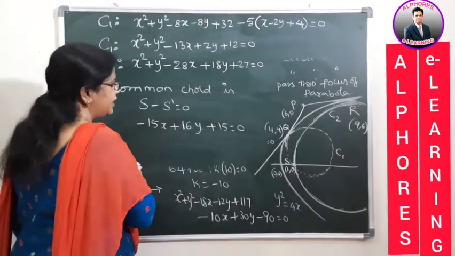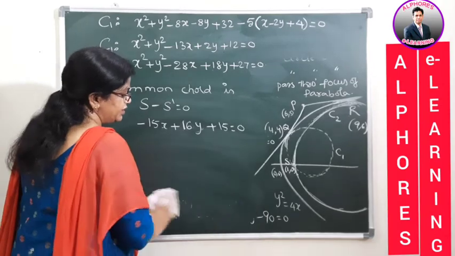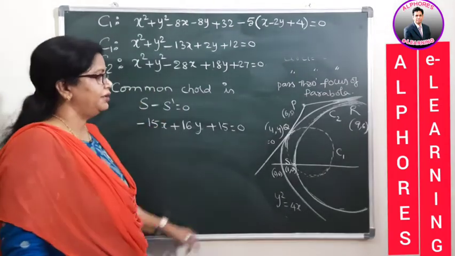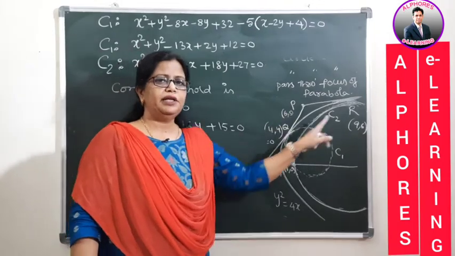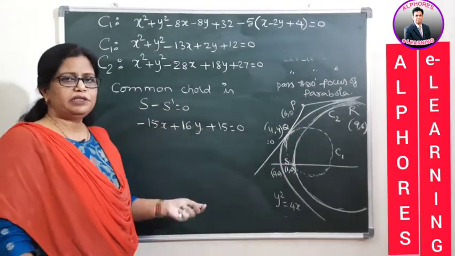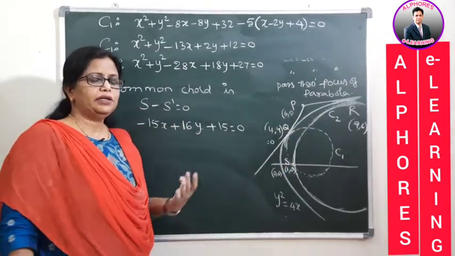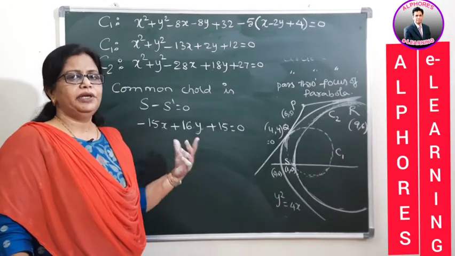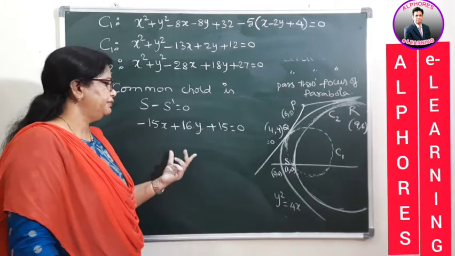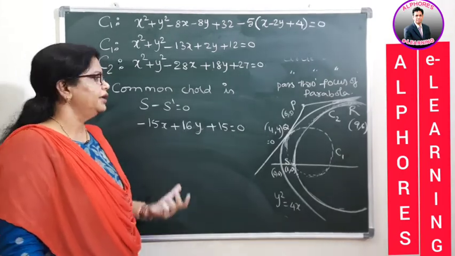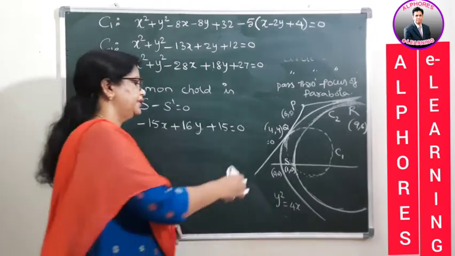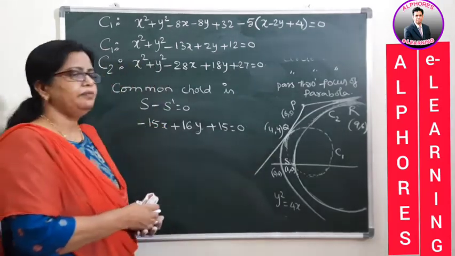Then they may ask here, this common chord is passing through, with respect to the triangle PQR, the orthocenter, incenter, centroid or circumcenter. Okay, they may ask any of the questions. So if at all they ask that way, the easy one is, first of all let us observe what is the centroid. So what is the centroid of triangle PQR?